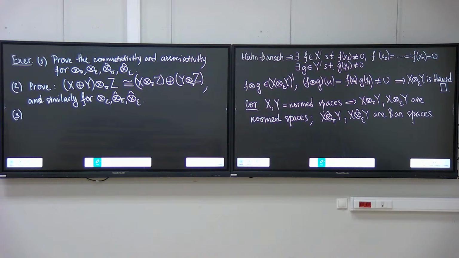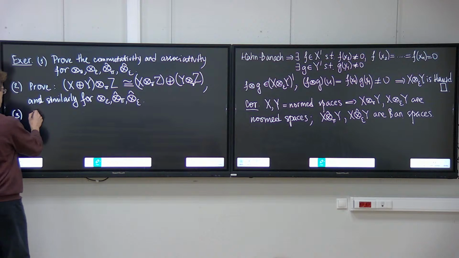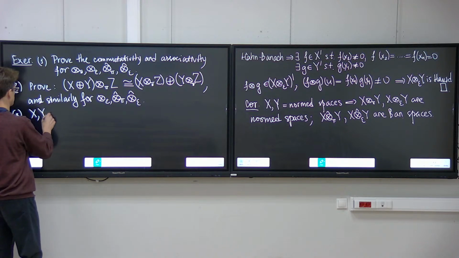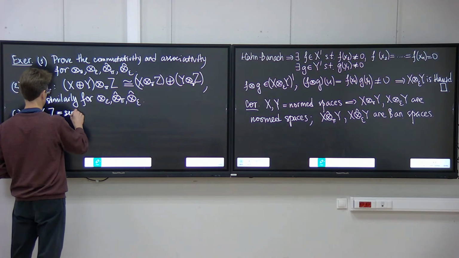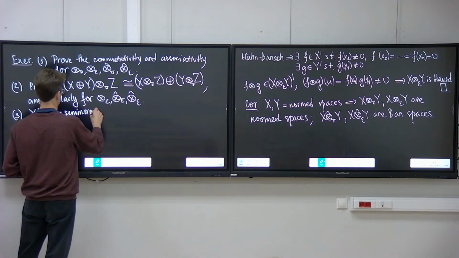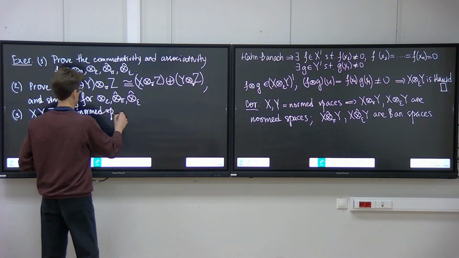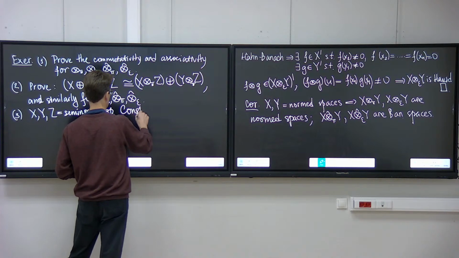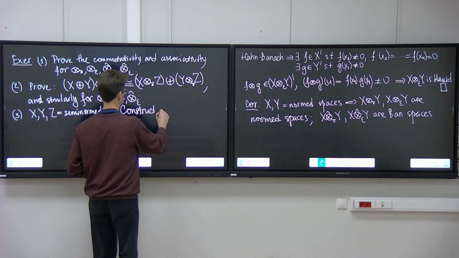Part 3 of the exercise concerns the special case where our spaces are semi-normed spaces. Suppose that X, Y, and Z are semi-normed spaces. Construct natural isomorphisms of the following form.